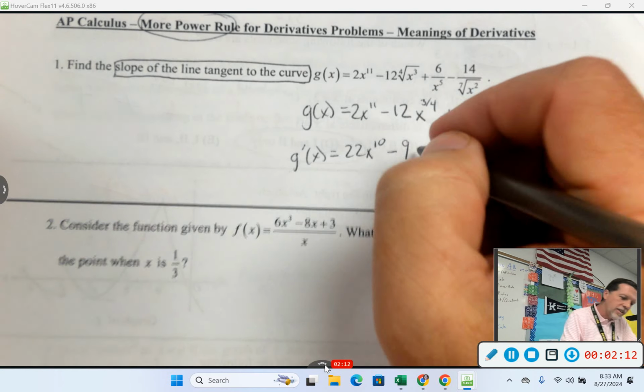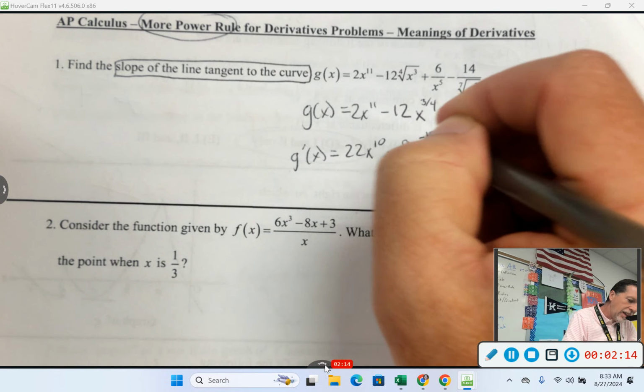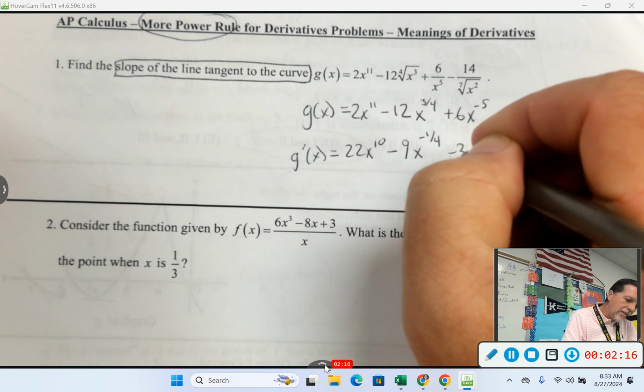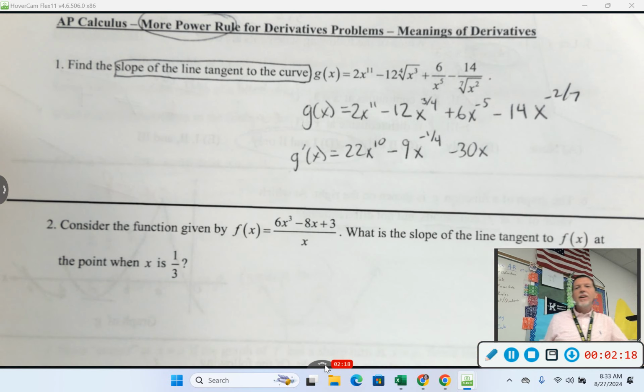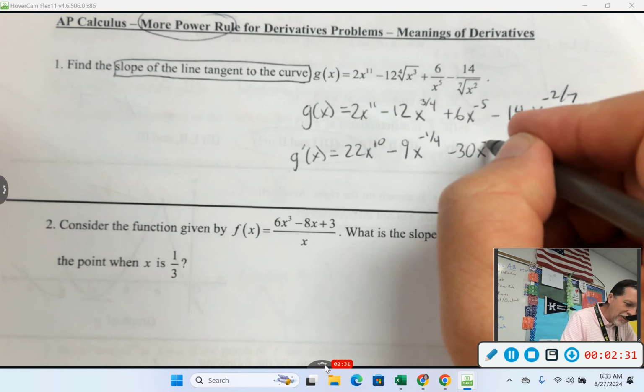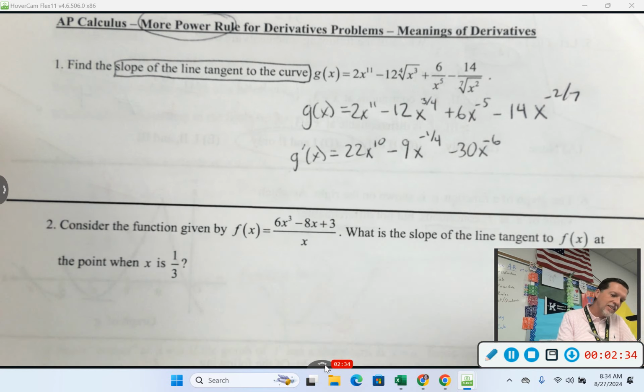Negative 1/4. Minus 30. Here's another one to mess up. From negative 5, if you subtract 1, negative 6. You want to guess what the common wrong answer is? Negative 4. Right? Because 1 less than 5 is 4. Well, yes, but that's negative 5, so let's go down to negative 6.